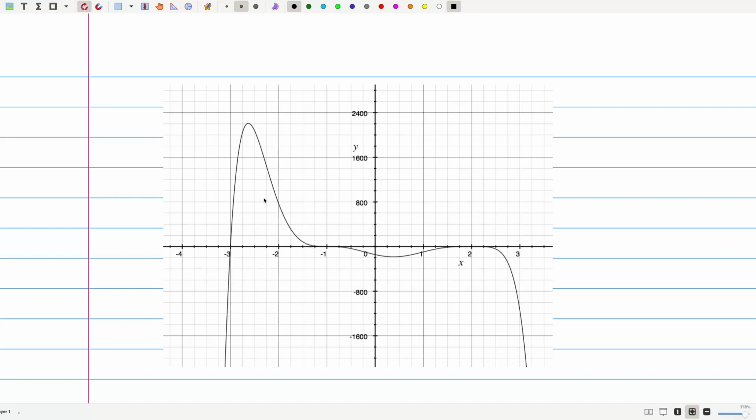As we can see, over at minus 3, we've got this multiplicity 1 root, which means that it's a line segment that goes through. At minus 1, there's this cubic-like root. At 2, there's this quadratic-like root. And for very large values, we can see that it goes down on either side. If we were to smooth it all out, it would look like minus x to the 8.